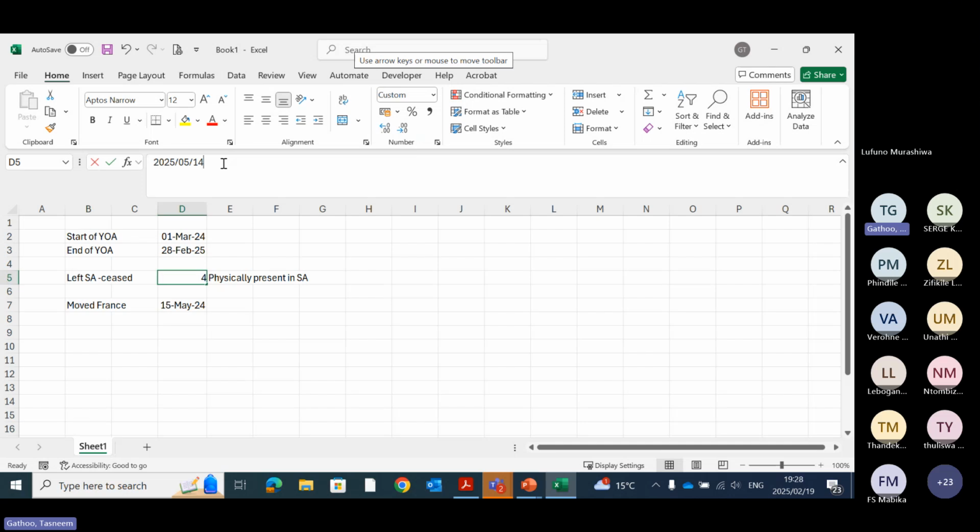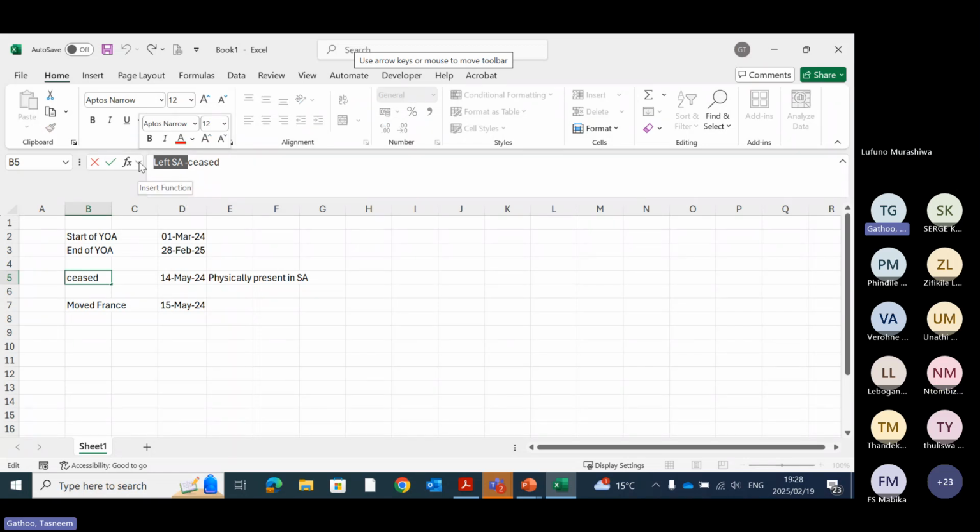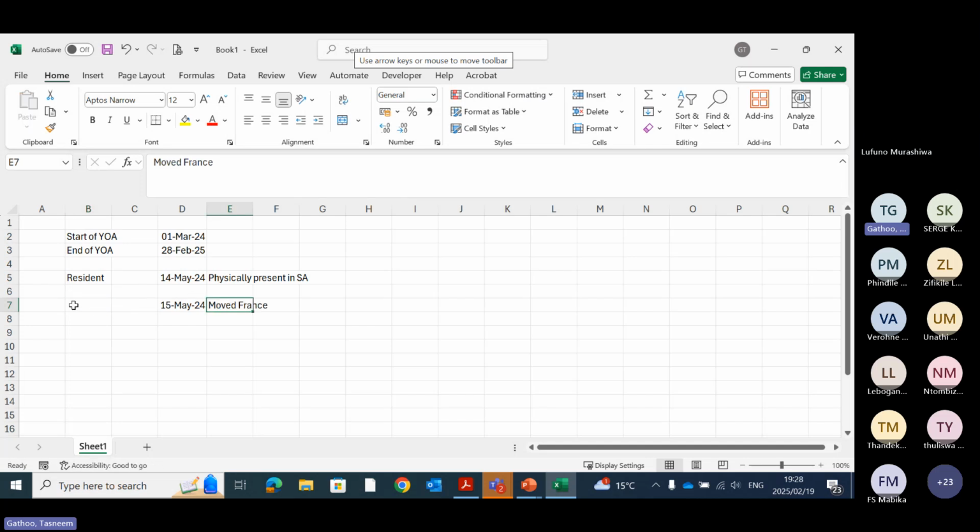It should be 2024. Happy with this so far, guys? So what we're saying is until this date, she was resident, right? And this was the date that she moved to France. So this was the date when she became non-resident.